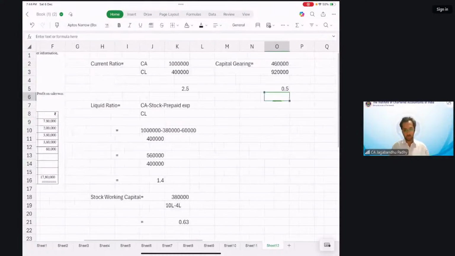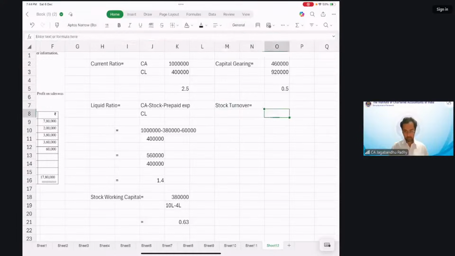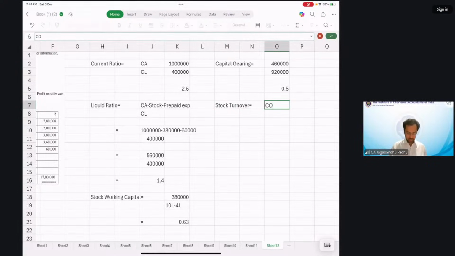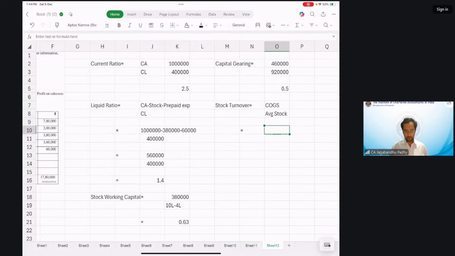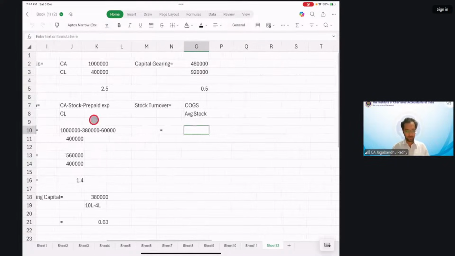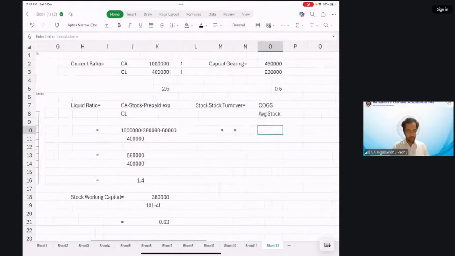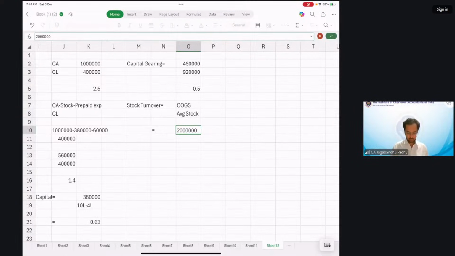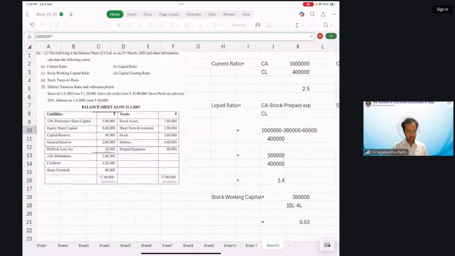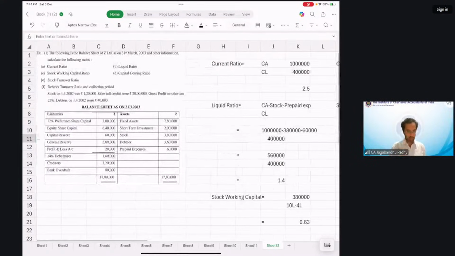Then stock turnover. Stock turnover, we know, is COGS upon average stock. So COGS can be computed over here, sales minus the gross profit. The gross profit was 25%. So sales is 20 lakhs into, since the GP ratio is 25%, this is 75%, upon average stock.